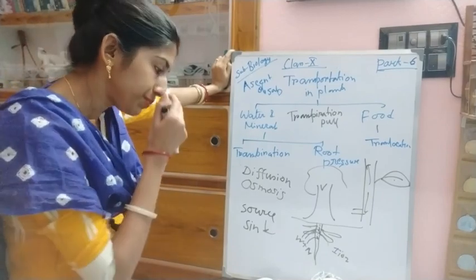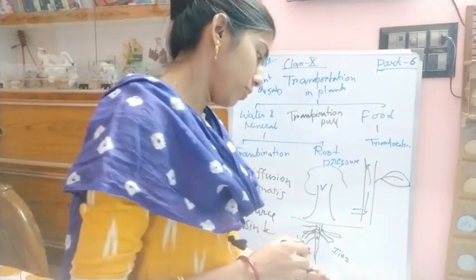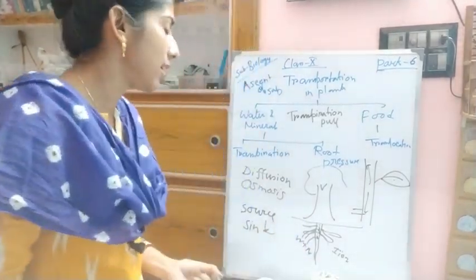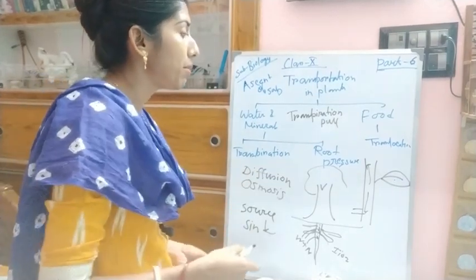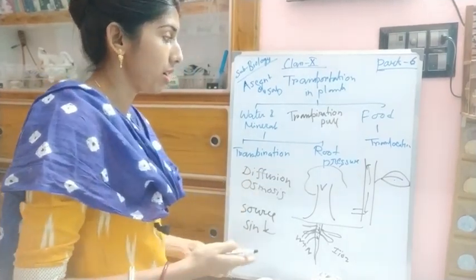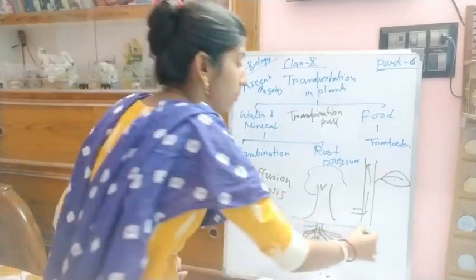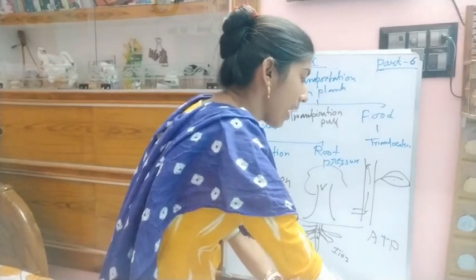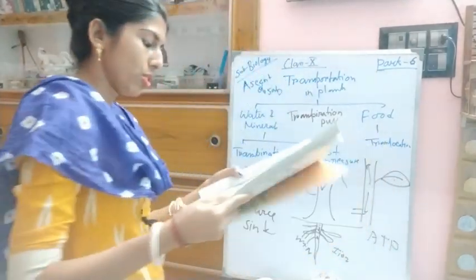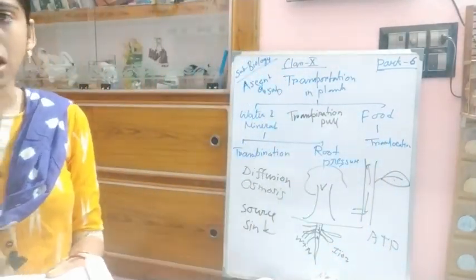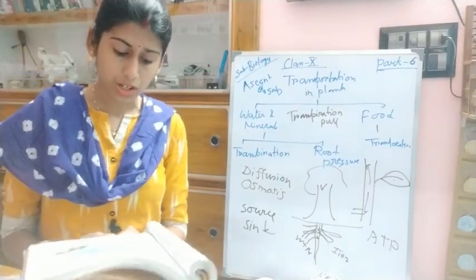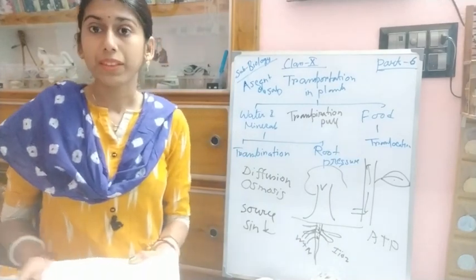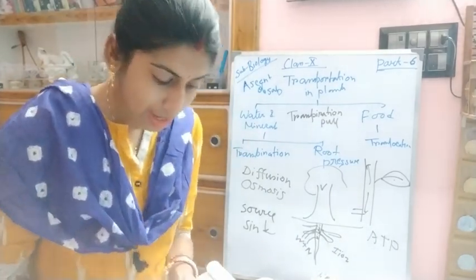Okay. So that is how food is transported, and in that case, since it moves from different parts, some energy is required, and the energy can be supplied by ATP. Sometimes it is called active transport. So this transport of soluble photosynthetic products is called translocation, and with the help of the phloem, translocation can be seen.